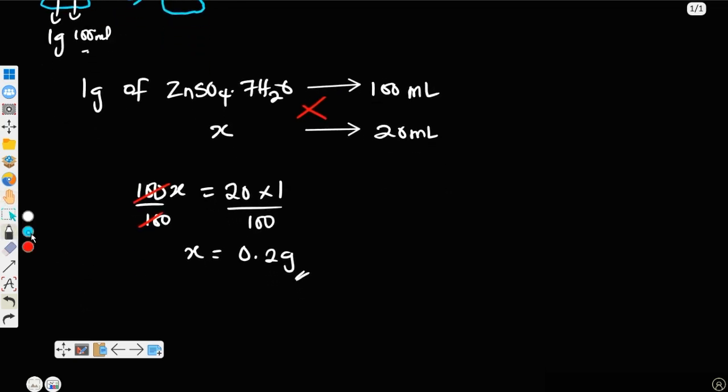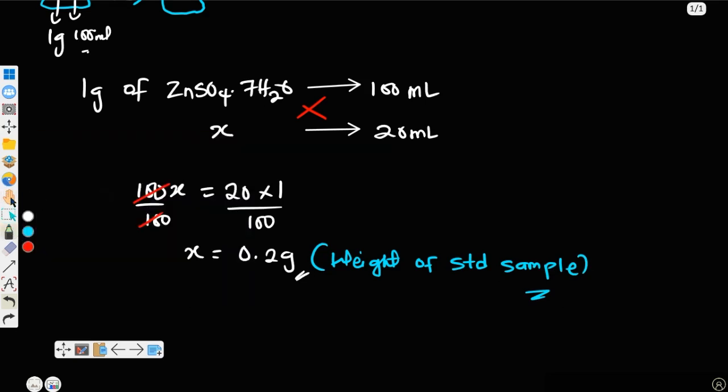So it means the weight of the sample you are taking into the experiment, the weight of standard sample, is 0.2 gram. Is that fine? It is 0.2 gram. Now, what is the formula for calculating factor?